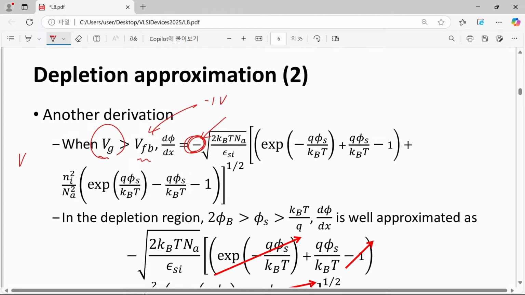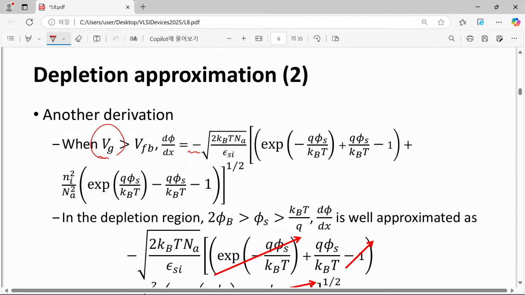When we have gate voltage lower than flat band voltage, then actually we have a sign difference, so we must have a positive sign here. However, practically, we always apply gate voltage higher than flat band voltage, so it is completely okay to keep this negative sign. Then now you have 6 different terms.